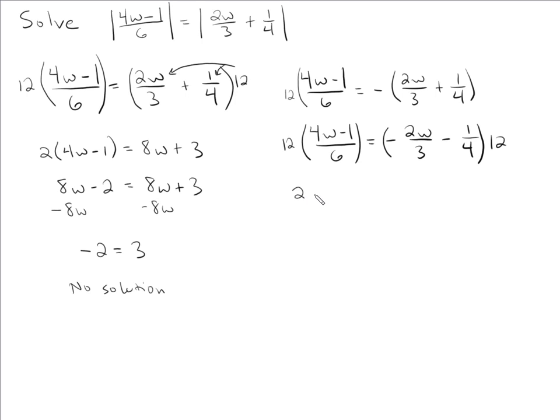We'll be left with a 2 here. So 2 times the term in the numerator. And then similar here, you distribute that 12. The 12 over the 3 gives you 4. Multiply by the 2, you get 8. So we're going to have a negative 8 here. And then distributing it to the second term, the 12 over the 4 gives you 3. So we're going to have a negative 3 there.